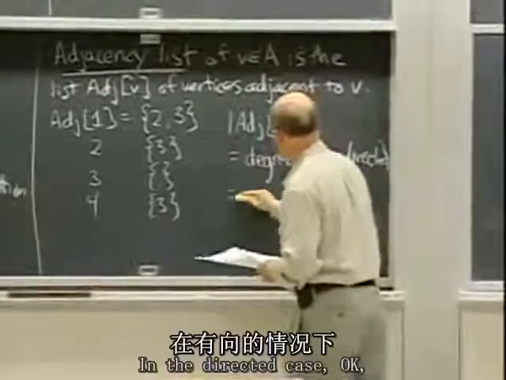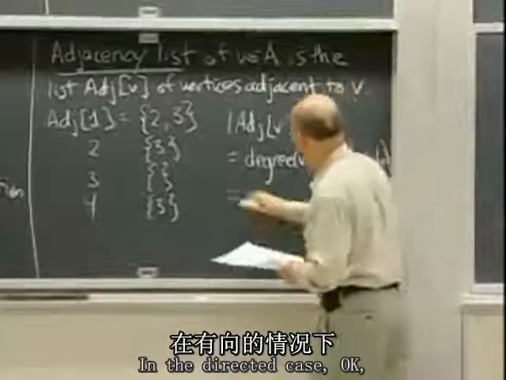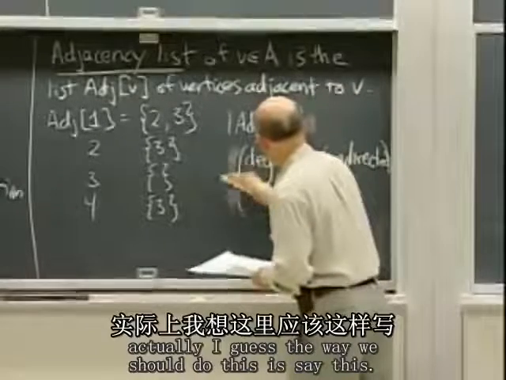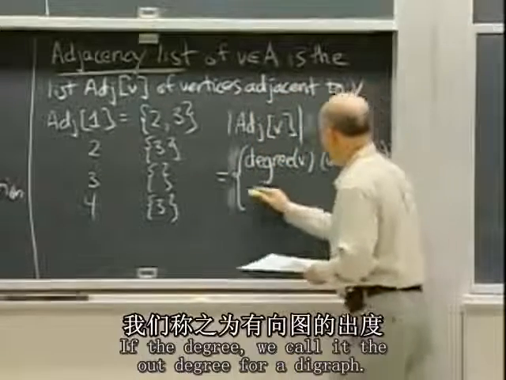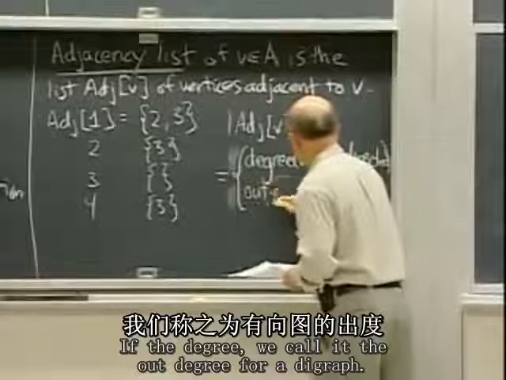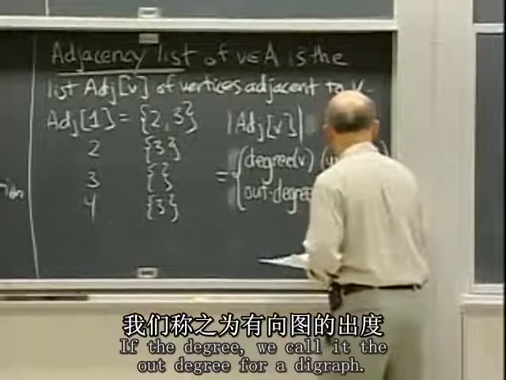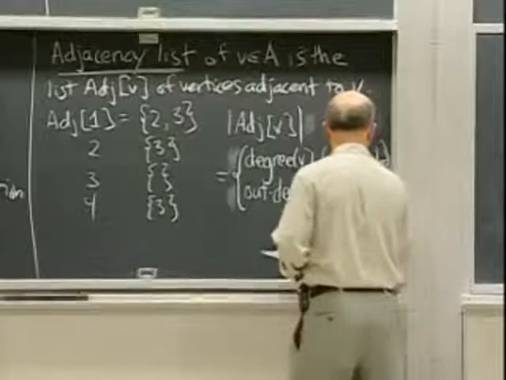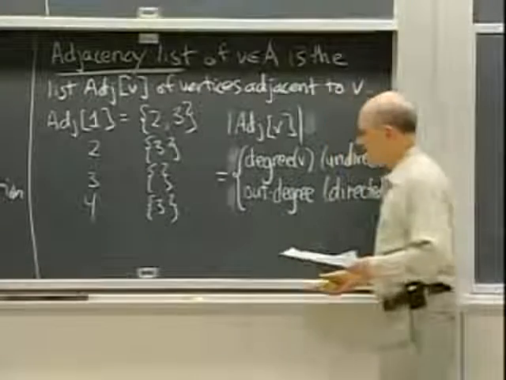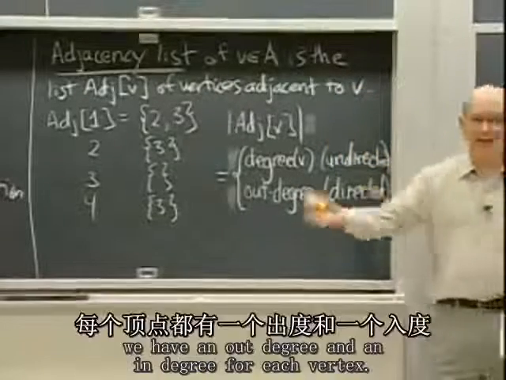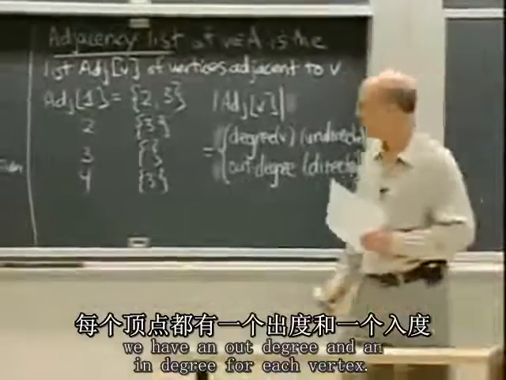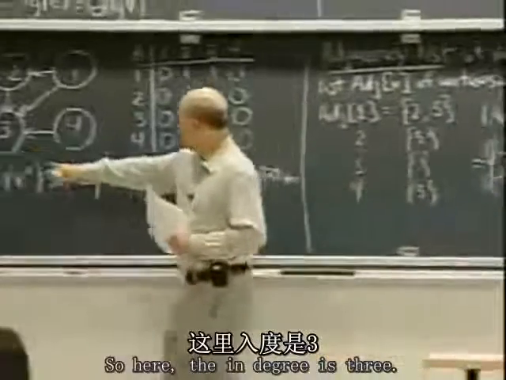In the directed case, actually, I guess the way we should do this is to say this. If it's a digraph, we call it the out-degree. In a digraph, we have an out-degree and an in-degree for each vertex. So here the in-degree is 3.